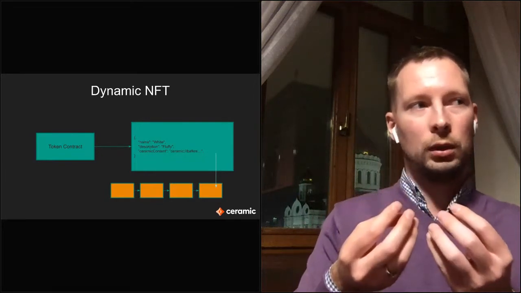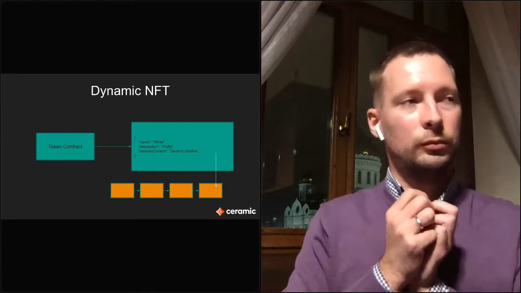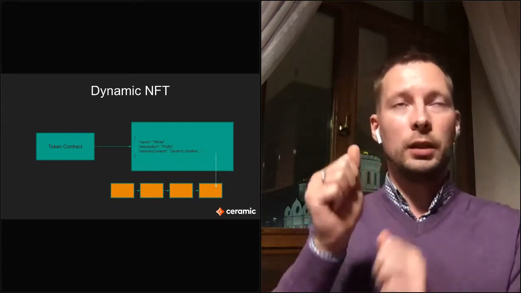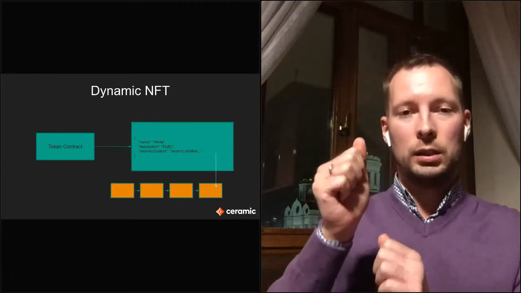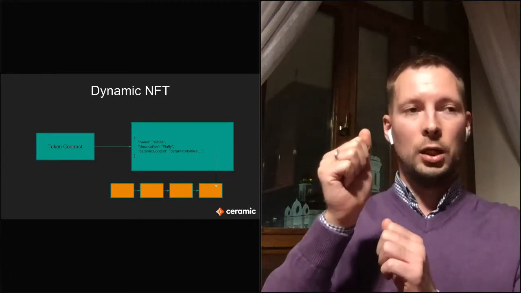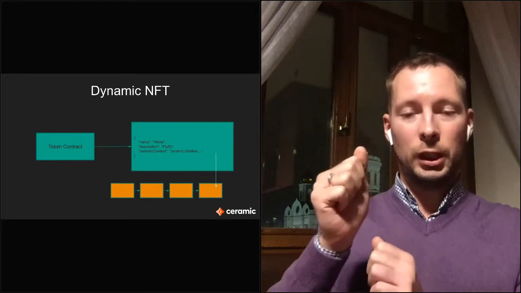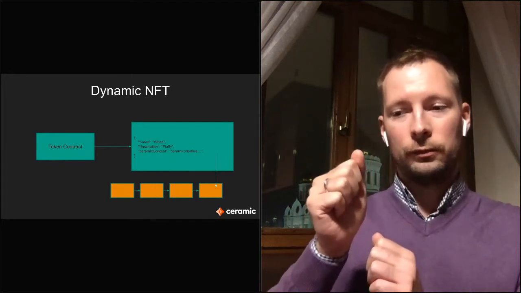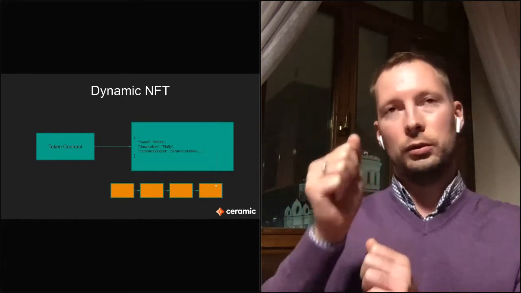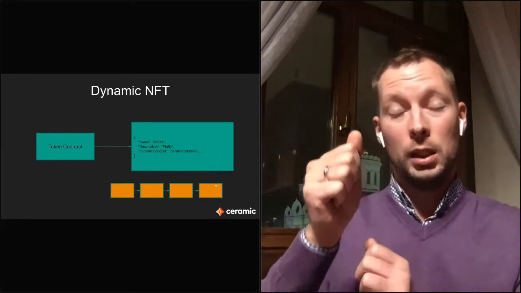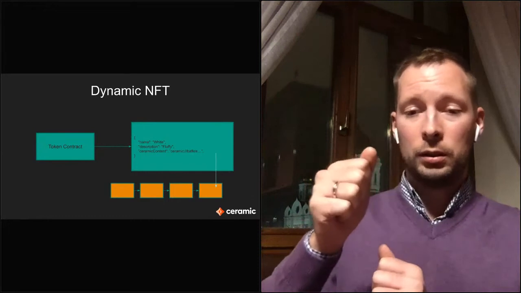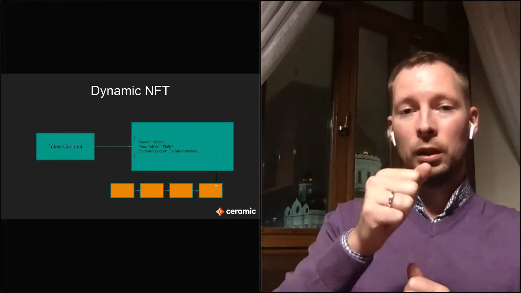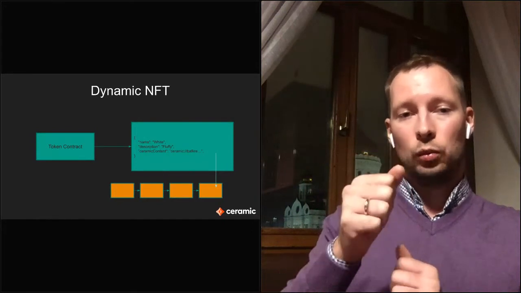A good thing about structuring metadata is that a Ceramic stream could define a specific shape for data via JSON schema. So if some actor posts data into a Ceramic stream that does not comply with your predefined JSON schema, that update will be discarded.